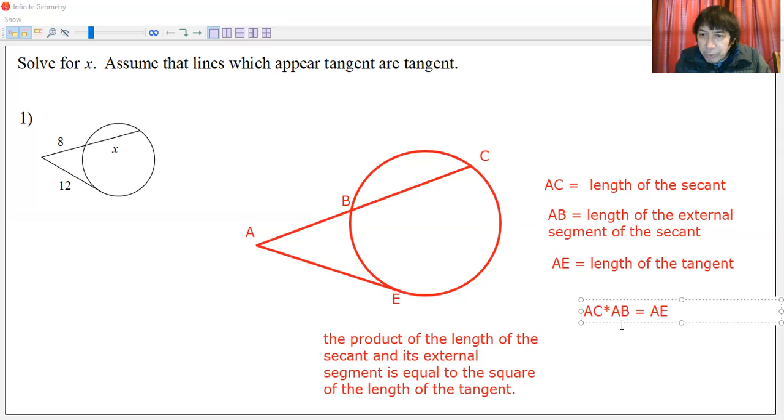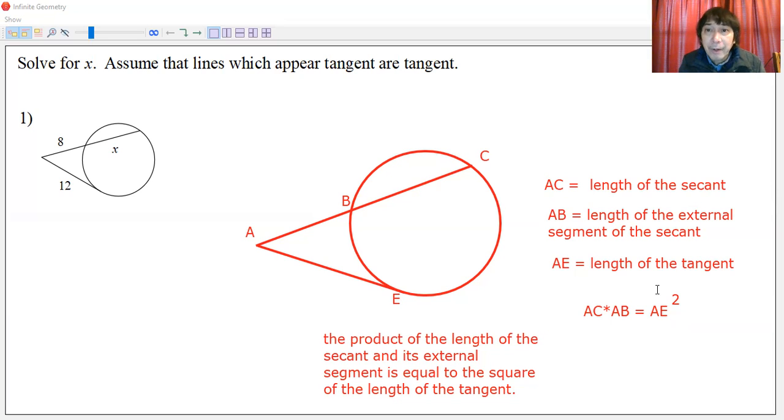AC, the entire length of the secant, times its external segment AB is equal to the square of the length of the tangent AE. So this will be our working formula. So much for the concept.